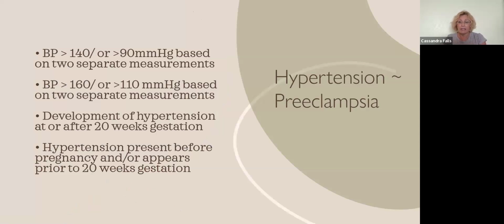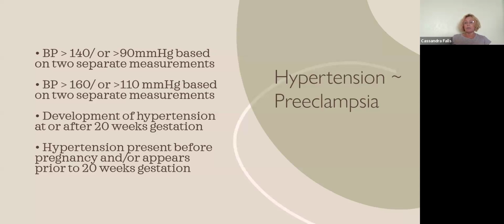Okay. Another condition that we see that is a complication of pregnancy is hypertension. And then we have preeclampsia, when hypertension gets out of control or has other symptoms associated with it. We can have just hypertension alone, and we'll talk a little bit about the differences.